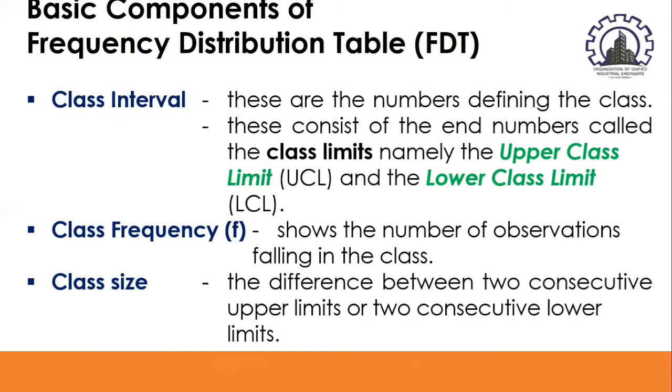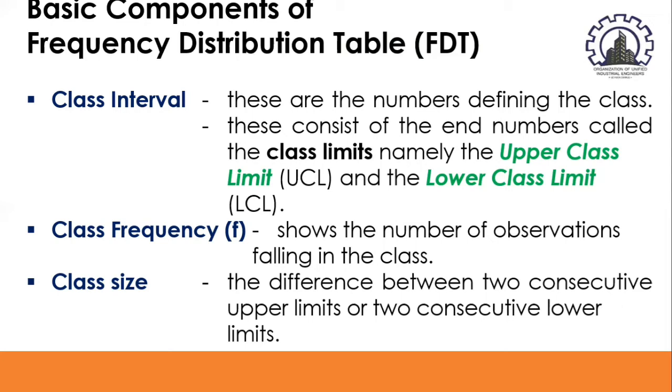We have the upper class limit or the UCL and the lower class limit or the LCL. Aside from class interval, we also have what we call class frequency, which is denoted by small letter f. And our class frequency shows the number of observations falling into a particular class.